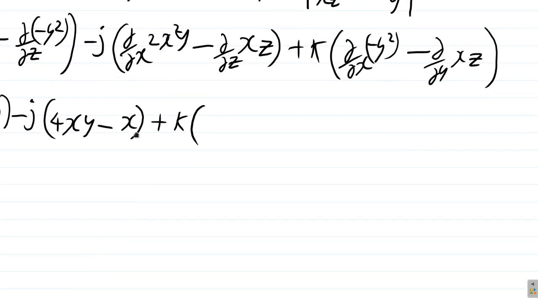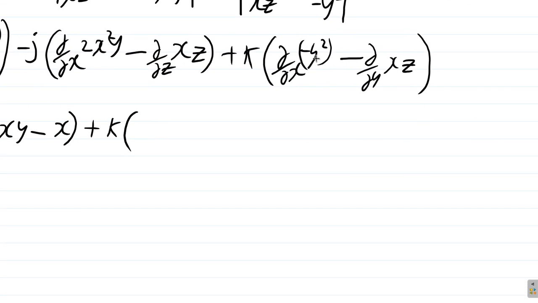What happens out here now? You differentiate this with respect to y, but there's no y there, so that's 0, minus, differentiate this with respect to x, there's no x there, it's just negative y squared. When you differentiate this part with respect to y, you see that there's no y there, so this is also 0.